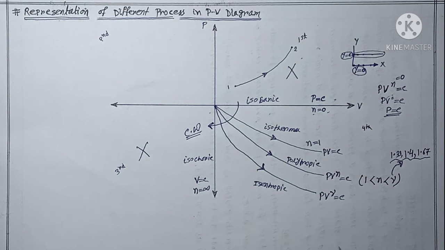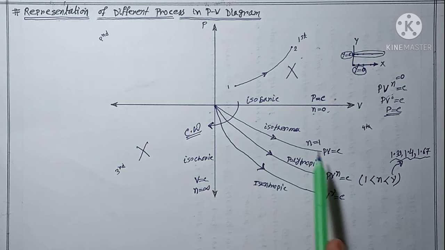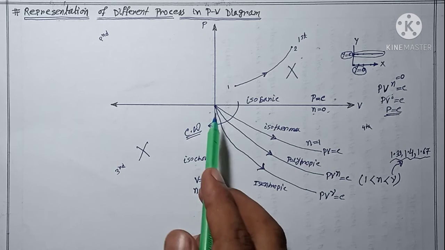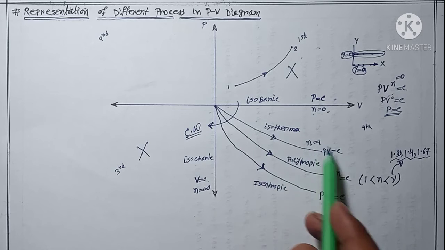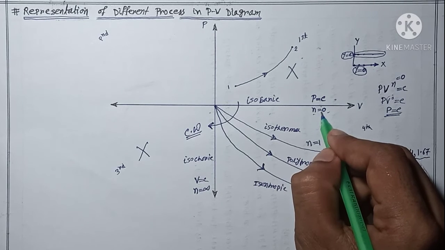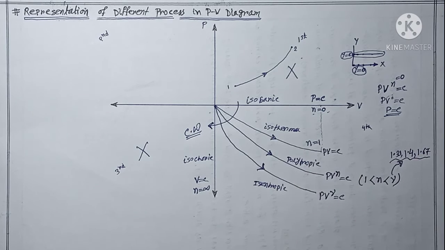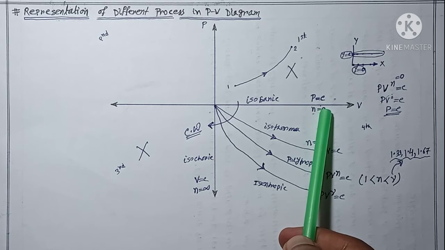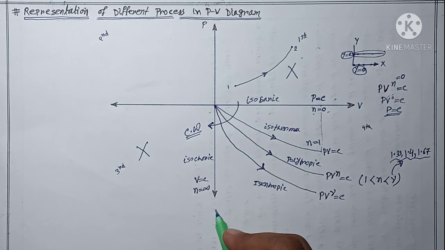So here one more thing, if you observe, as the volume is increasing, here state 1, and if I consider this point as state 2, then as the volume is increasing in this direction, with the increase in volume the pressure is decreasing, because this side basically represents the negative pressure.